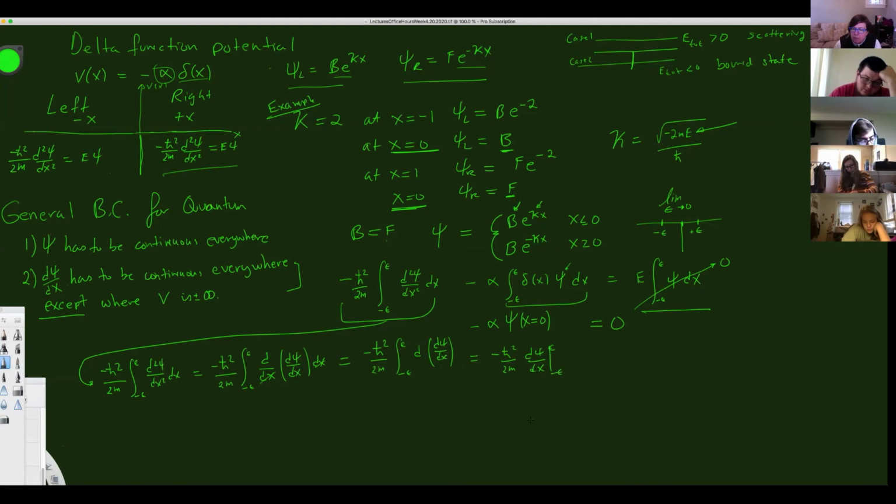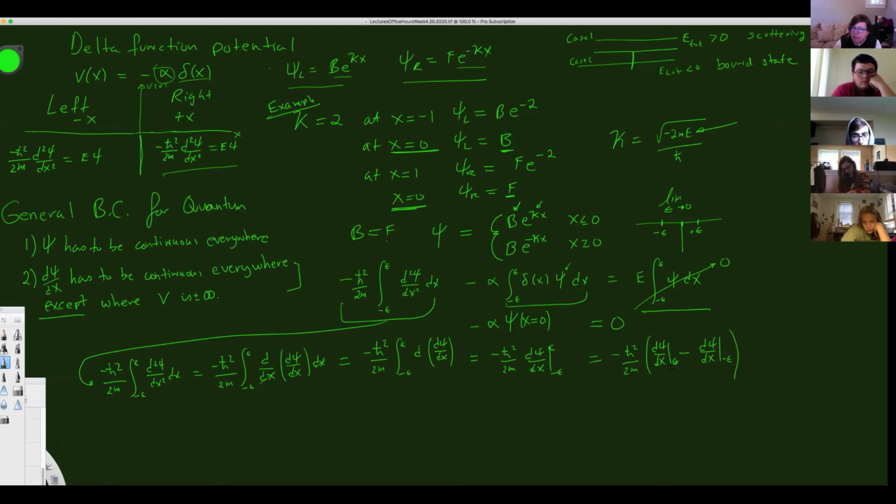Let's figure out what that is. We have minus h bar squared over 2m, and then d psi dx at epsilon minus d psi dx at minus epsilon.